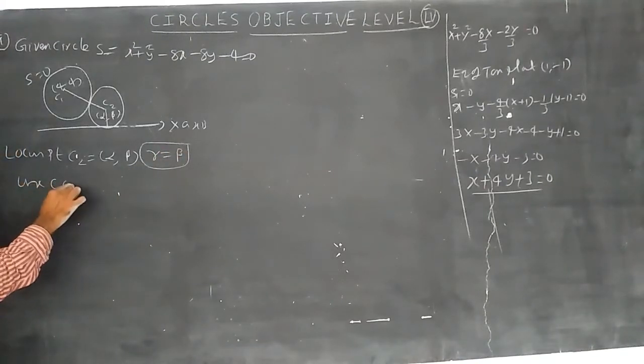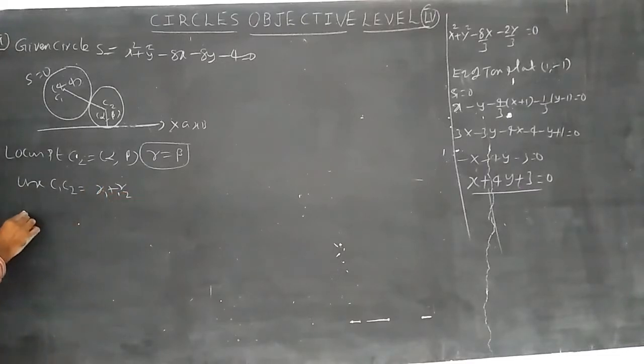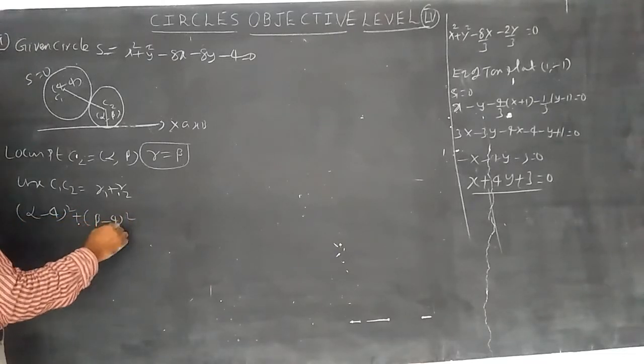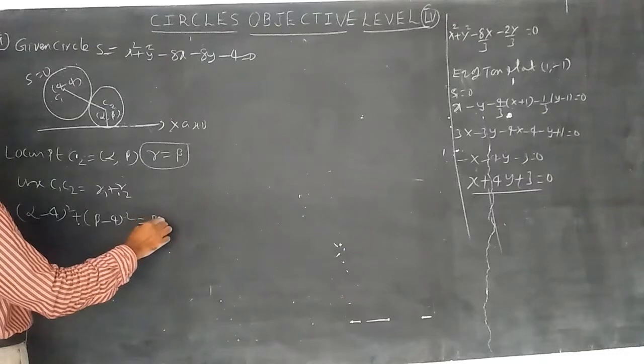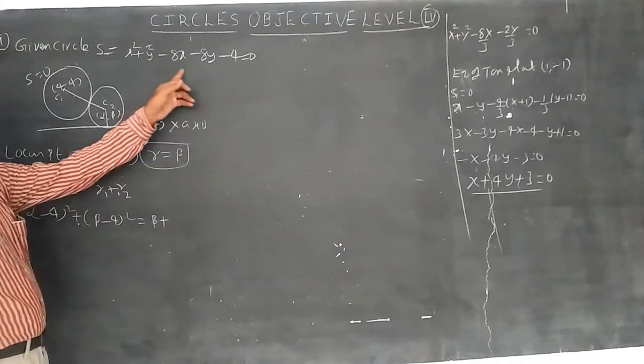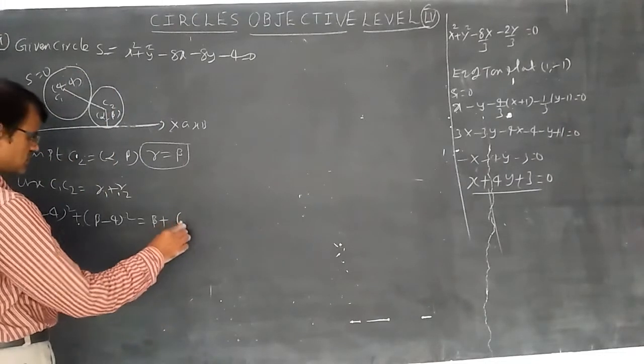Now, using the formula C1C2 is equal to R1 plus R2. So C1C2 is the root of alpha minus 4 whole square plus beta minus 4 whole square, equal to beta plus 6, since 16 plus 16 is 32, 32 plus 4 is 36, so the radius is 6.